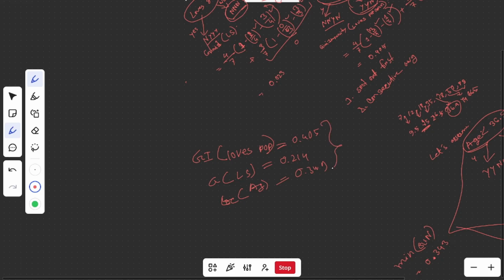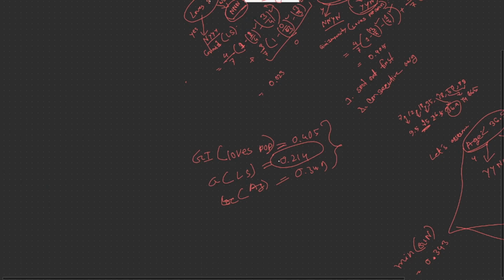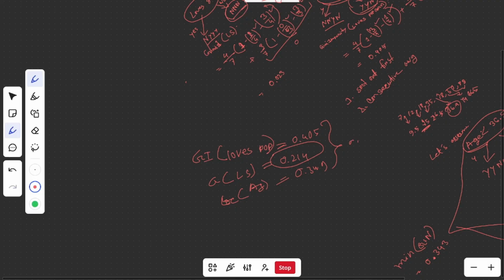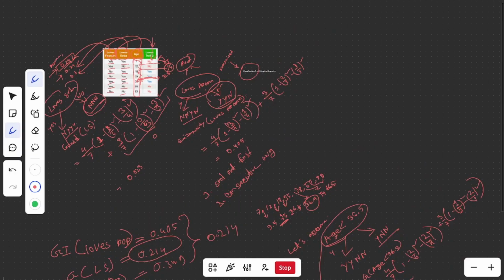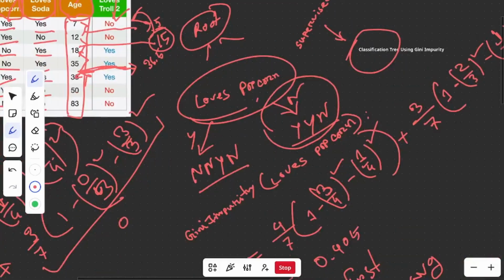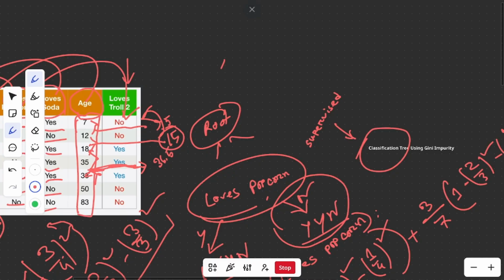So from this we have to take the minimum number to select the root. Here the minimum number is 0.214, so the root will be loves soda. So we have found the root.